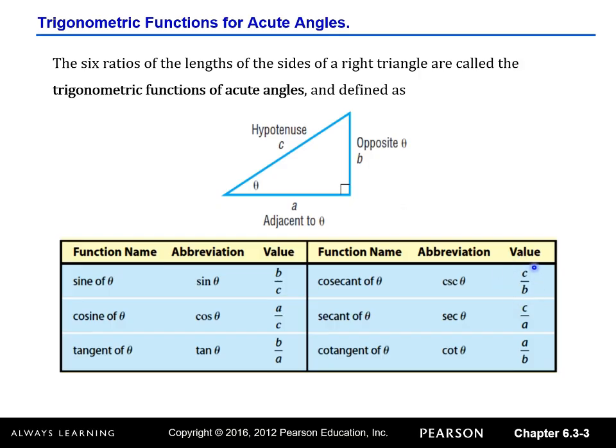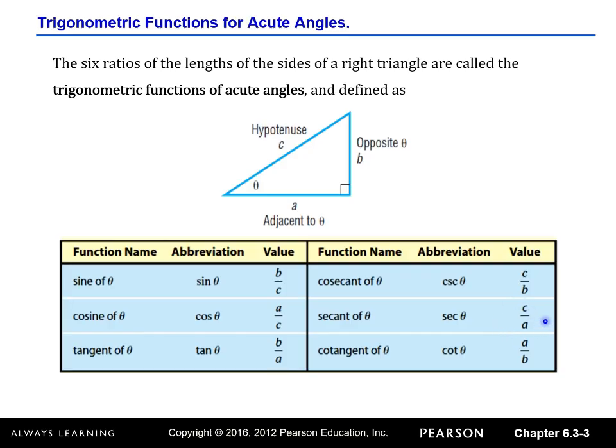So as you can see, this C over B is the reciprocal of B over C. So you can say that cosecant theta is the reciprocal function of sine theta. Then secant theta is defined as hypotenuse over the adjacent, which is C over A. And the abbreviation of secant theta is sec theta.